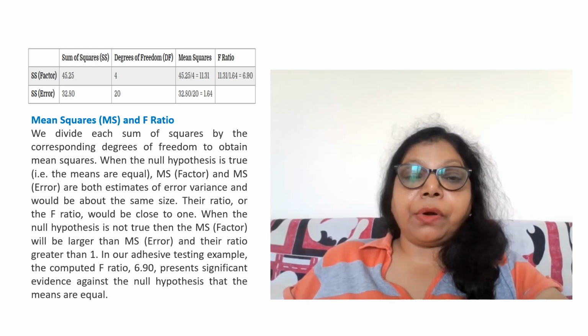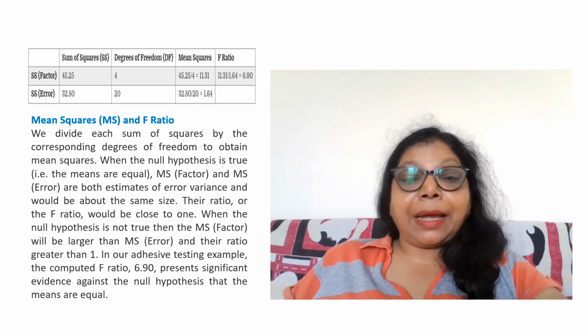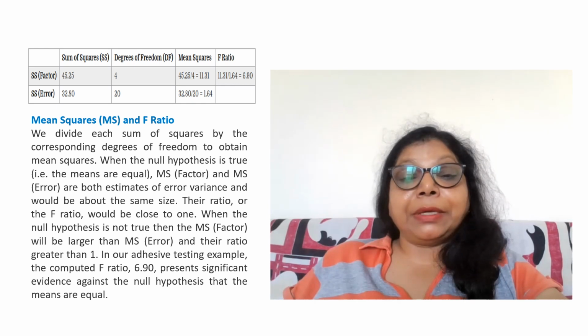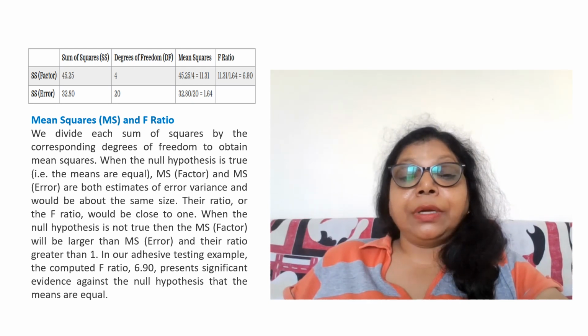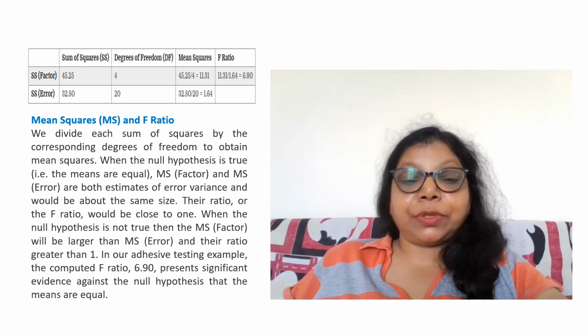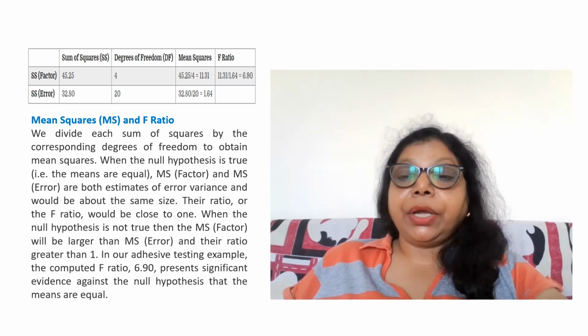So their ratio, or the F ratio, would be close to 1. When the null hypothesis is not true, the MS of the factor will be larger than the MS of the error, and their ratio will be greater than 1. So in our additive testing example, the computed F ratio, that is 6.90, presents significant evidence against the null hypothesis that the means are equal.